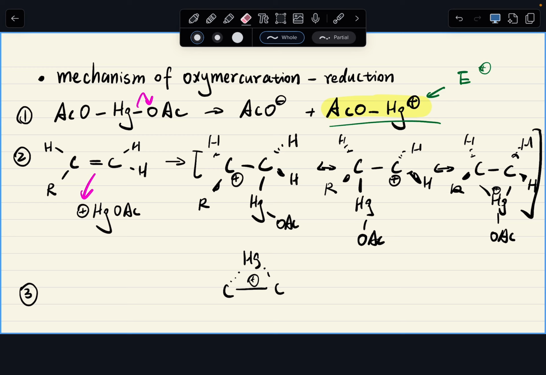All right. And what's next? The next question is, now we have two different carbon-centered cations, and depending on the relative substitution on these cations, the left one is the more major contributor.